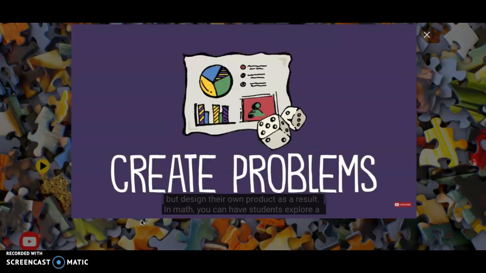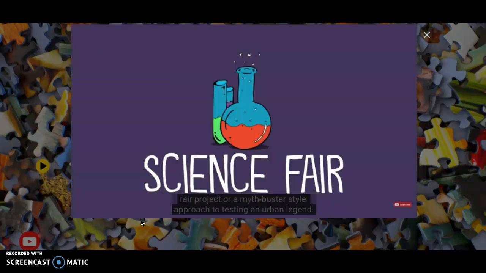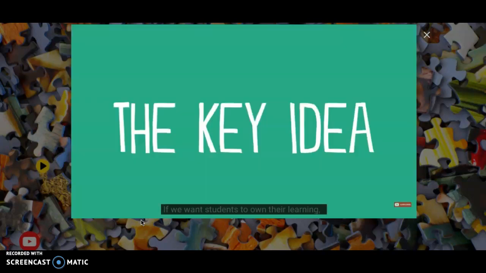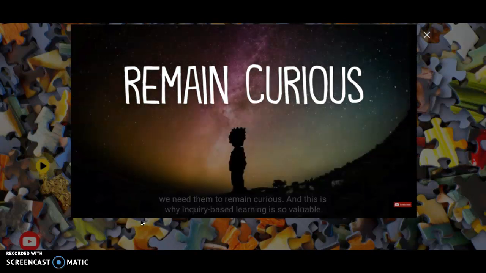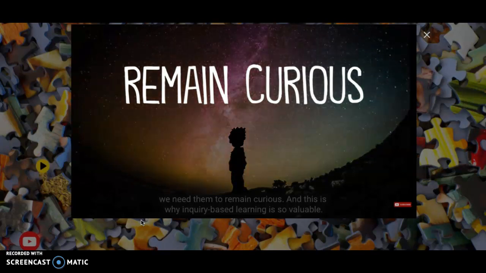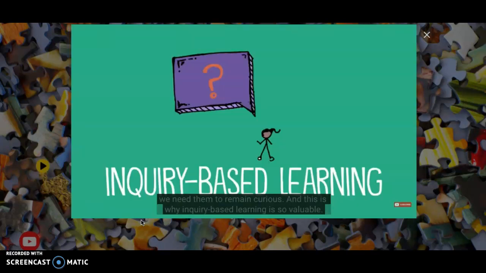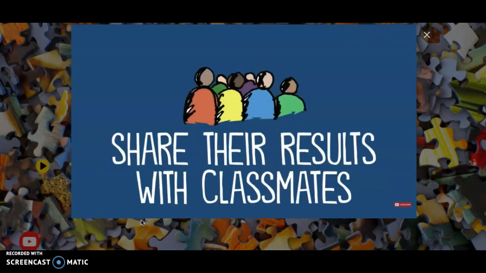In math, you could have students explore a concept and develop their own problems, which is one of the things I love about the What Can You Do With This process of Dan Meyer. And in science, you could do something like a science fair project or a Mythbuster style approach to testing an urban legend. The key idea, though, is this. If we want students to own their learning, if we want them to remain curious, if we want classrooms to be bastions of curiosity and wonder, well, then we need to have something like inquiry-based learning in place so that they learn how to ask great questions, find the answers, and share their results with their peers.